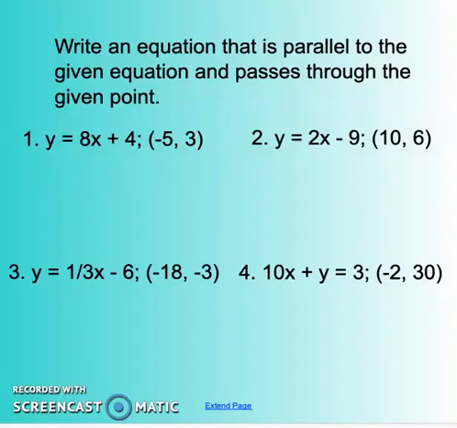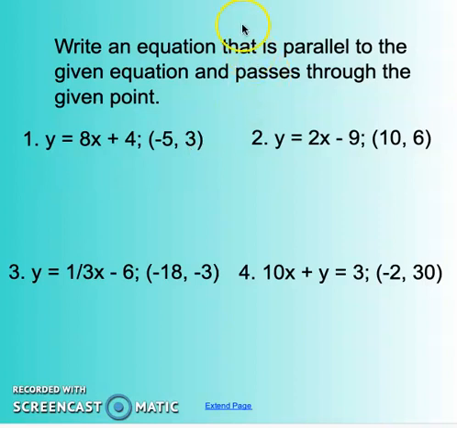So let's look at some equations as well as points, and let's figure out an equation that's parallel to each one of these. Starting off with number 1. We have y equals 8x plus 4, and this is the point that we have to create an equation that passes through.